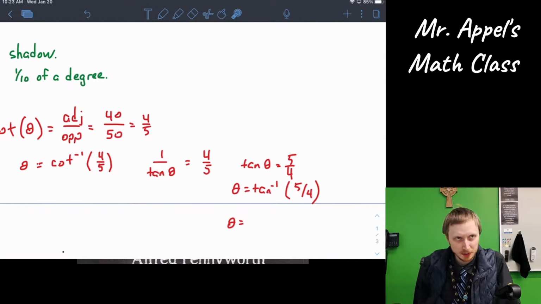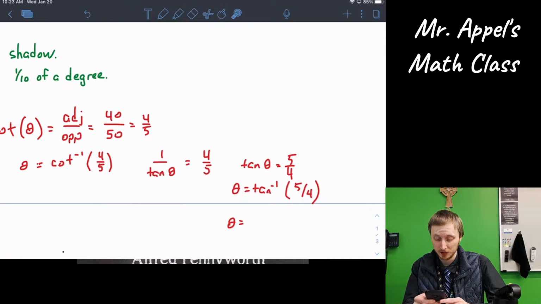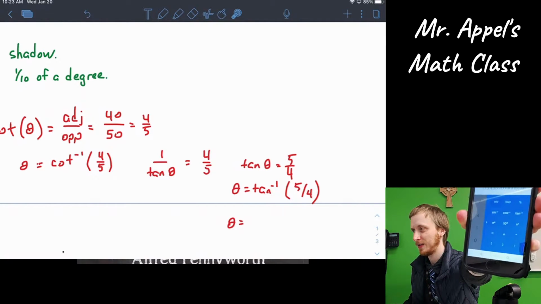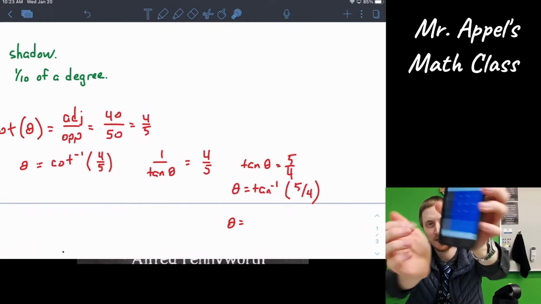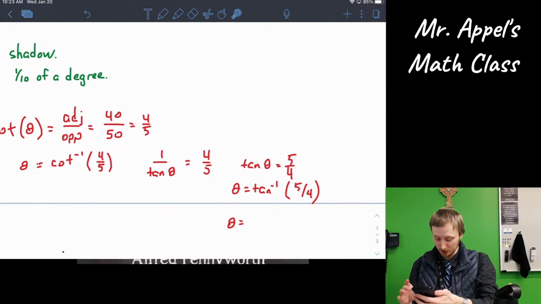Now I've got to double check. Does even the phone calculator have inverse? It'd be amazing if it has inverse. Oh, it totally does. There's an inverse button. I press that button, and now all of a sudden they turn into inverse functions. At least this is the Android one. I'm sure Apple has a reasonable equivalent.